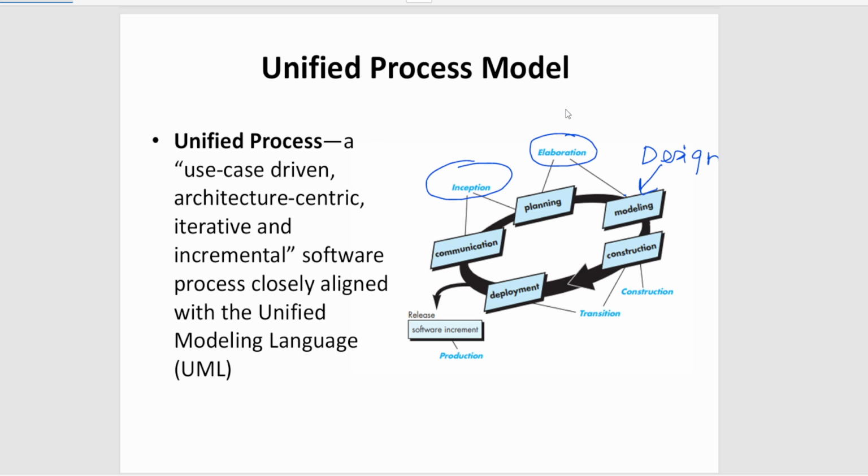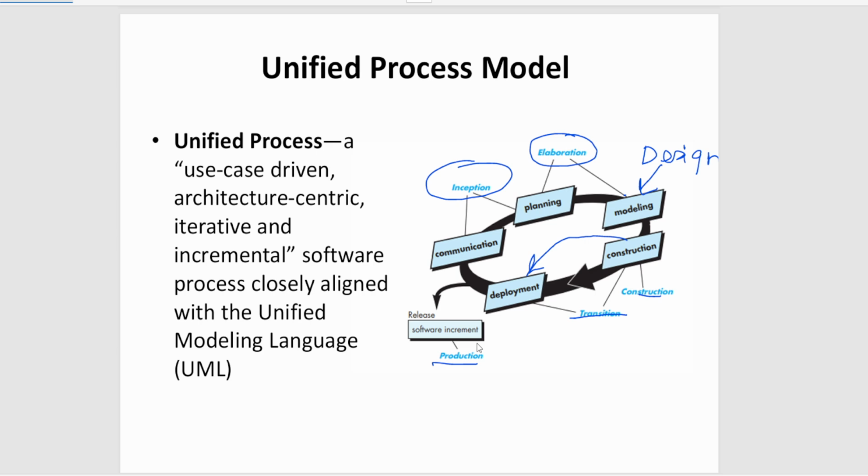After elaboration, there is construction, which goes with the construction phase of the classical life cycle model. Then we have a transition phase, where we move the construction modules into the deployment phase. And finally, we have a production phase where we deploy the increment that we have created.